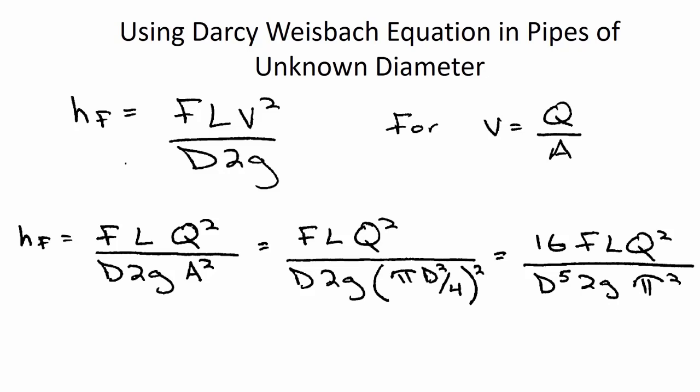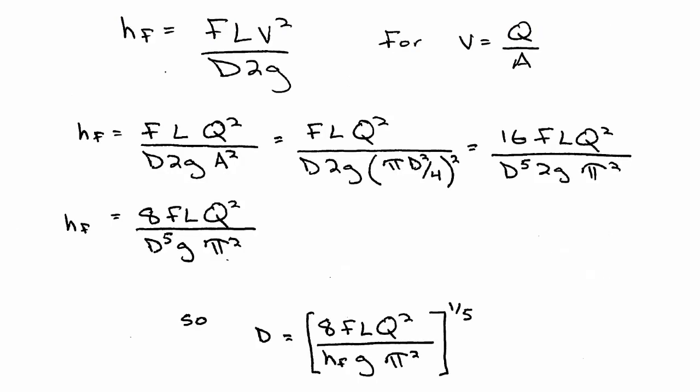Since we have that 4 that's getting squared, we can rearrange and also move that up to the numerator. It's 16 f L Q squared over D to the 5th 2g pi squared, just by carrying through that area squared term. And then finally, h sub f is 8 f L Q squared divided by D to the 5th g pi squared.